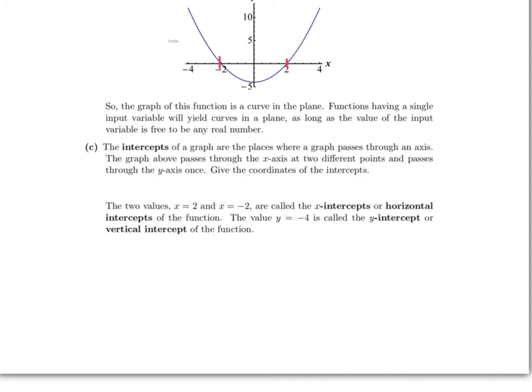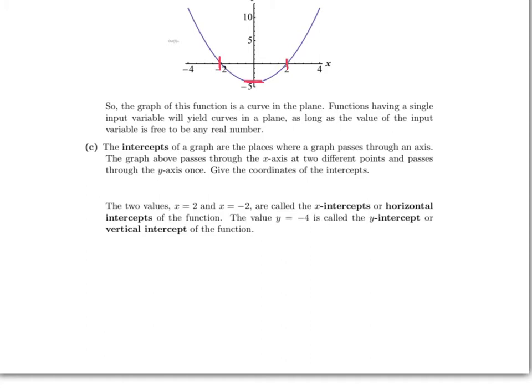Those are the x-intercepts, or also called horizontal intercepts. The graph also intersects the y-axis right here at negative 4, at y equals negative 4. Negative 4, or y equals negative 4, is referred to as the y-intercept, or the vertical intercept of this function.